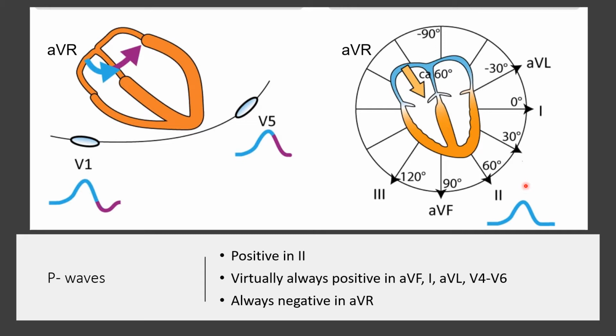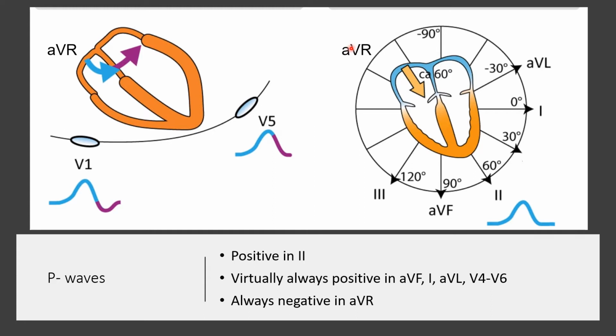But imagine that the RV is so big and/or the heart is rotated towards the right. Then even though the initial forces, the septal depolarization and the apical depolarization, move away from AVR, in the final part of the ventricular depolarization, where the bases of the LV and RV get depolarized, because the RV is now bigger, there is more voltage created towards the base of the RV that goes towards AVR.